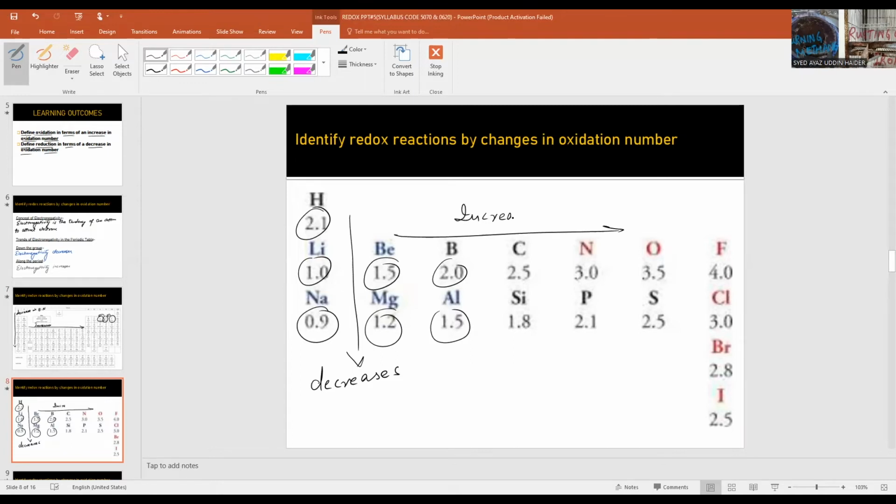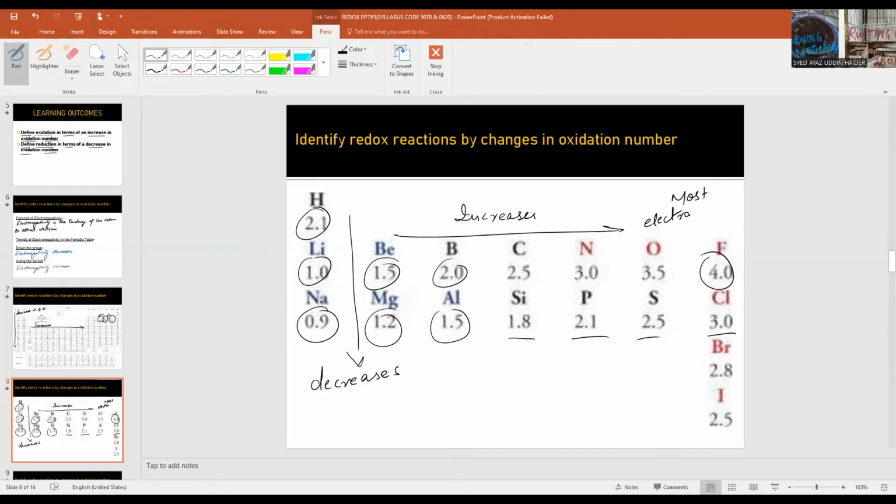Consider the third period: sodium 0.9, magnesium 1.2, aluminium 1.5, silicon 1.8, phosphorus 2.1, sulfur 2.5, chlorine 3. Fluorine is the most electronegative element in the periodic table.